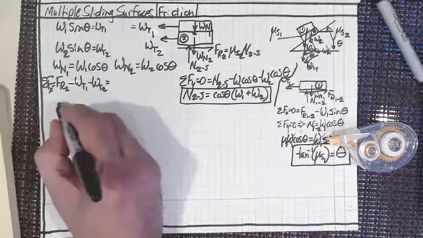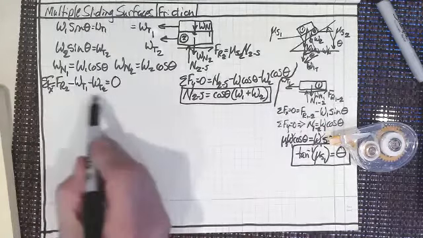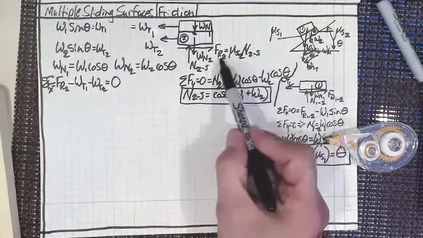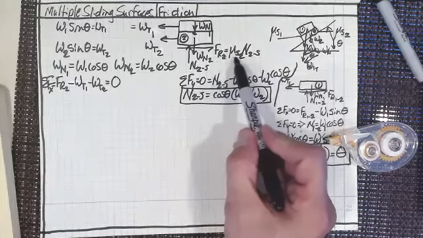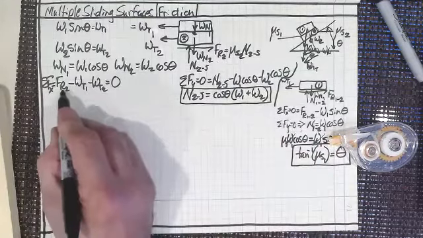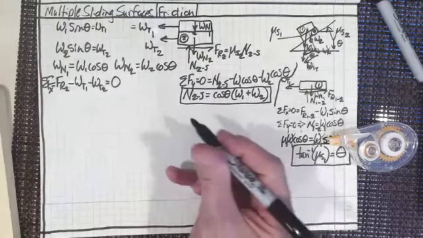Let's just write it all out here. That equals 0, right? So if we take that equation and we substitute in our identity for f sub r2, because we know f sub r2 is going to equal this plus this, I think everybody can see that.